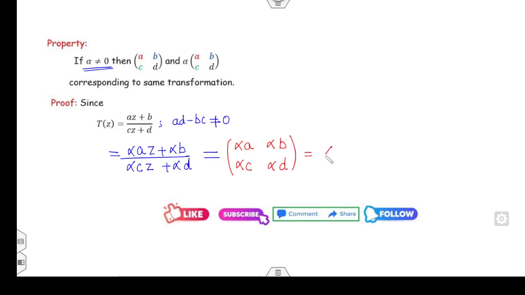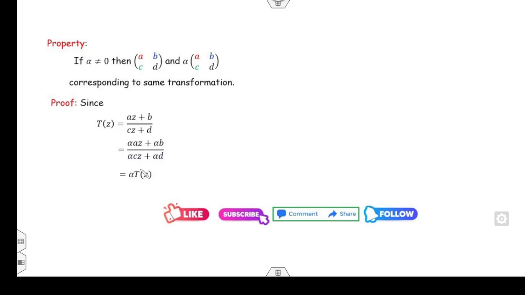And if you take alpha as common, then the representation is A, B, C, and D. Fine. So therefore, the transformation T of z is nothing but alpha times T of z. Hence, the corresponding matrix representation is the same.